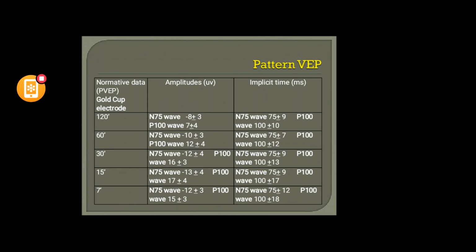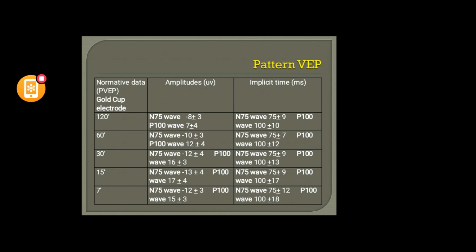If a patient has very poor visual acuity, your check pattern would be pretty large. If your patient has good visual acuity, the check size would be a little smaller. So these 120 minutes, 60 minutes, 30 minutes, 15 minutes, 7 minutes are basically the angulation formed at the nodal point if the patient is fixating at the center.